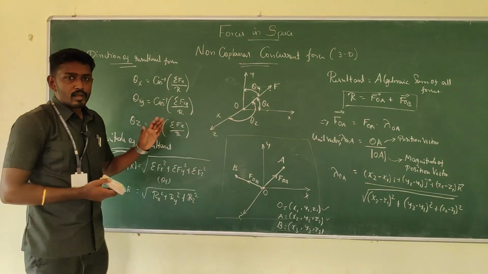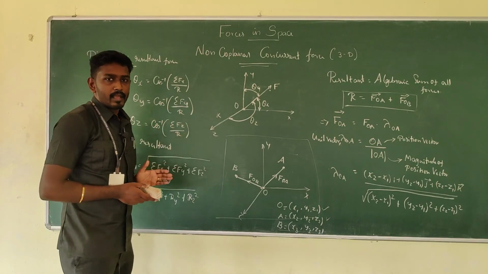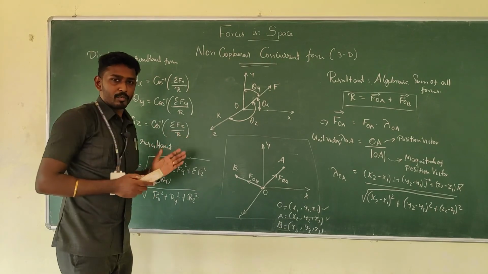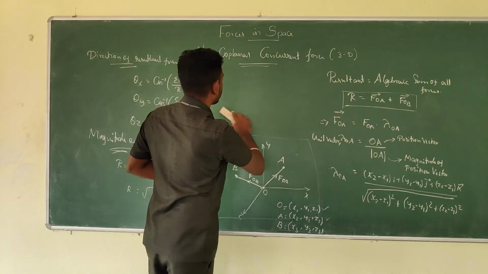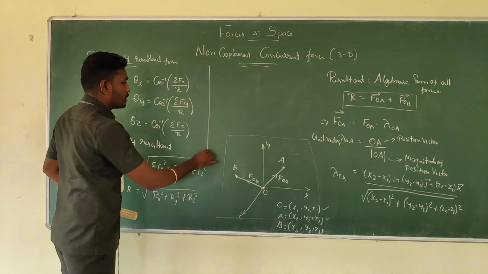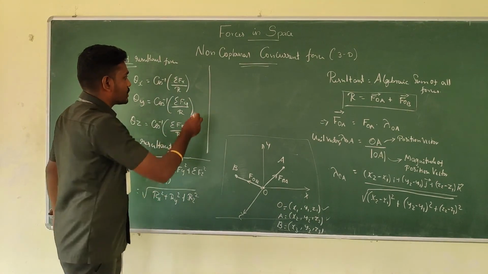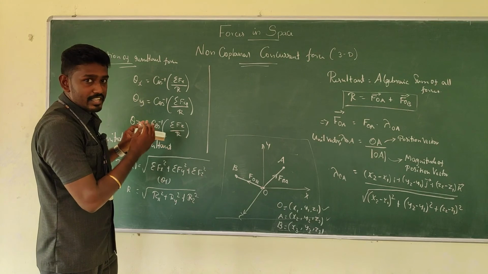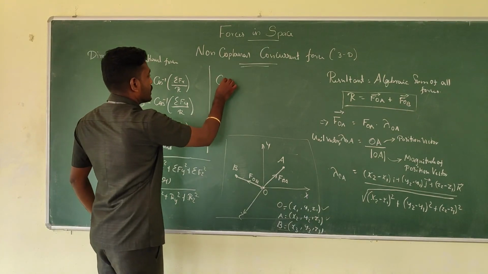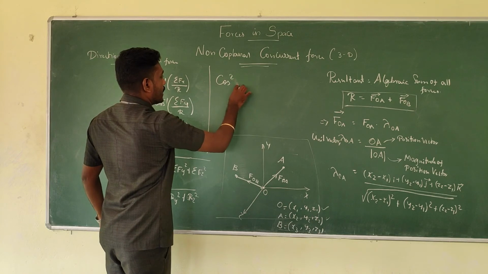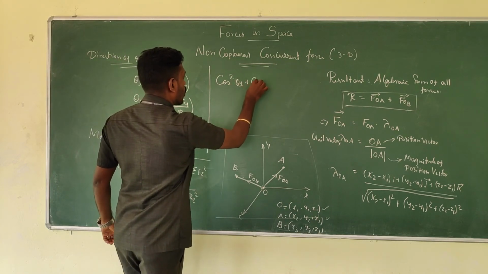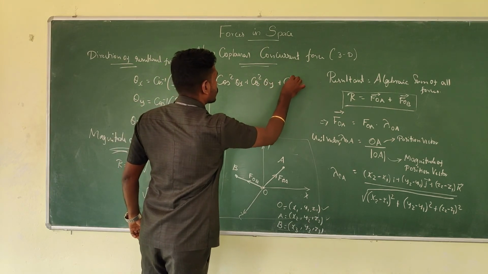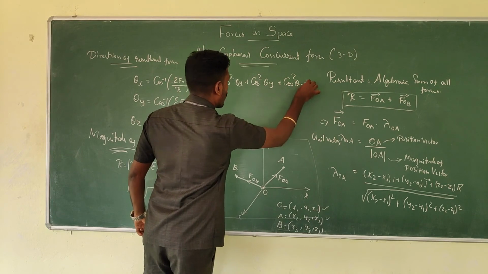When you want to check whether the derived answer is right or wrong, we have a formula for it, which is called the direction cosines. As per the direction cosines, the trigonometric format is cos square theta x plus cos square theta y plus cos square theta z is equal to 1.